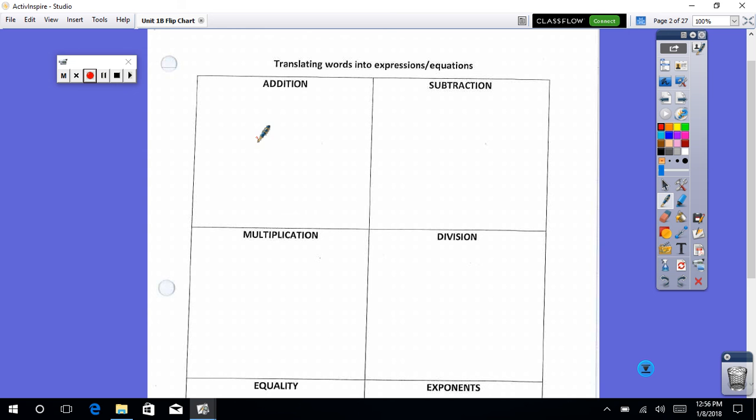Okay, so like for addition, I'm looking for words like sum or plus. It's not how you spell plus. Add. Okay, stuff like that. More than.